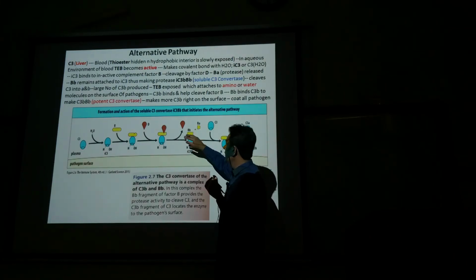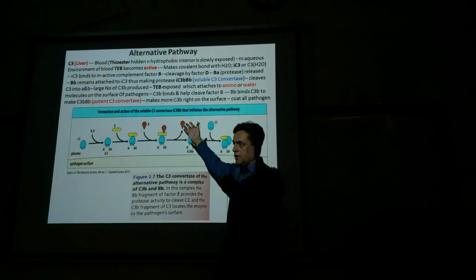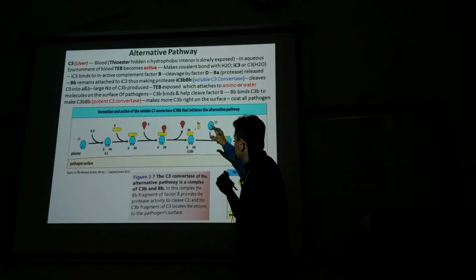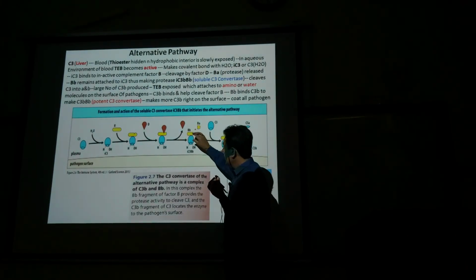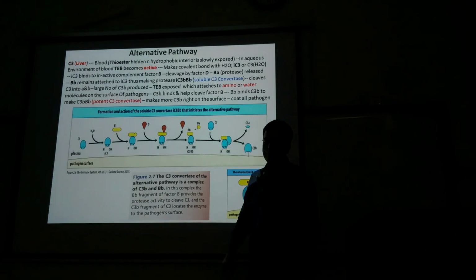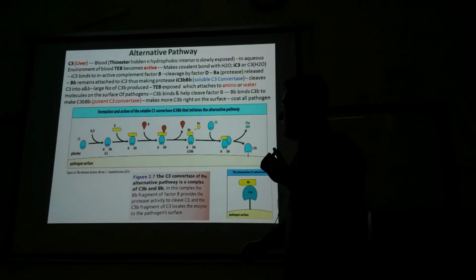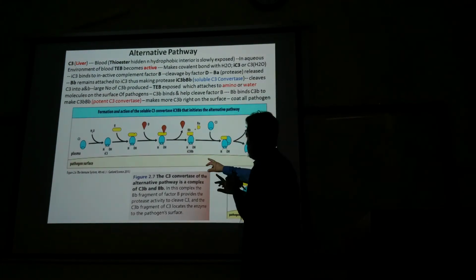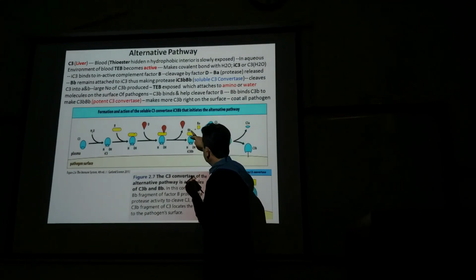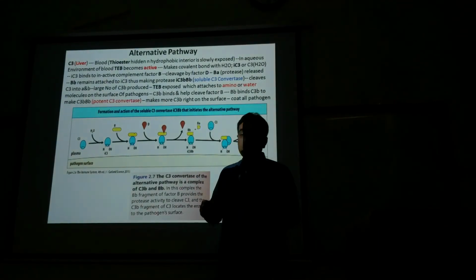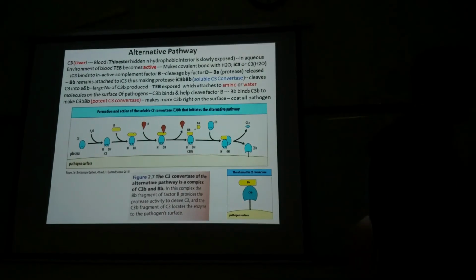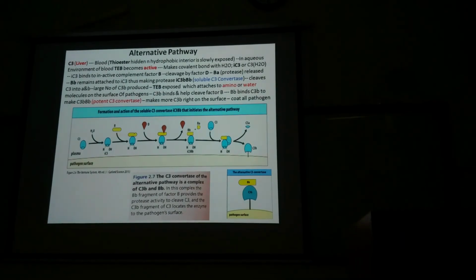The smaller piece will just go away doing some other job, while the bigger piece will remain stuck to this particular iC3. So iC3Bb: iC3b is this one, and Bb is this one. iC3Bb is actually the soluble C3 convertase.